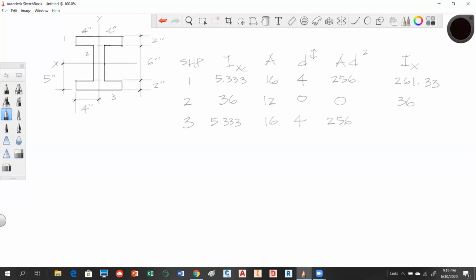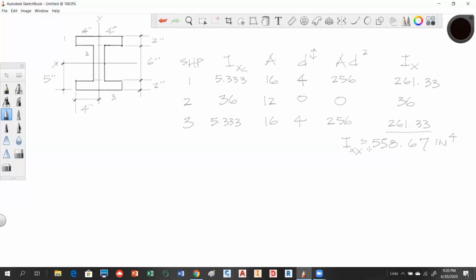So this plus this, 261.33. So we're going to sum this column right here, and we get 558.67, essentially for rounding. Forget to carry those out. Unit on that would be inches to the 4th, and this is what you call your IXX.